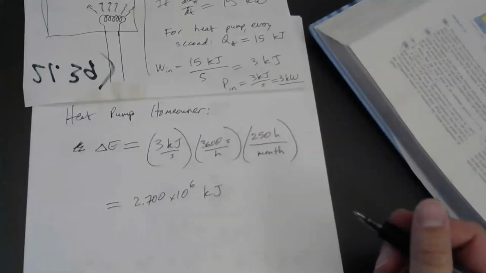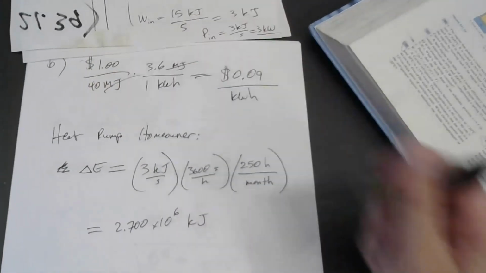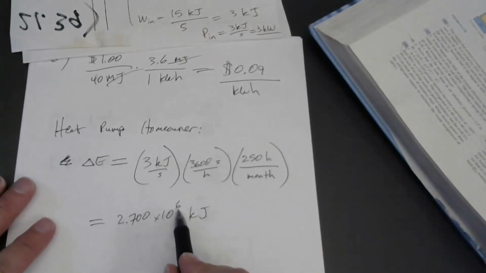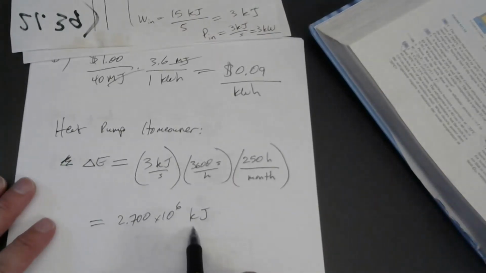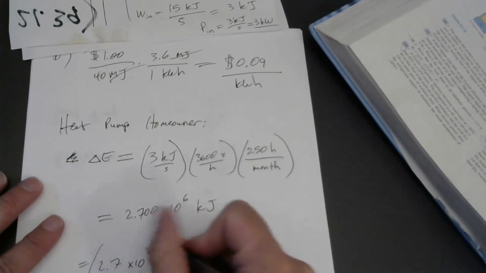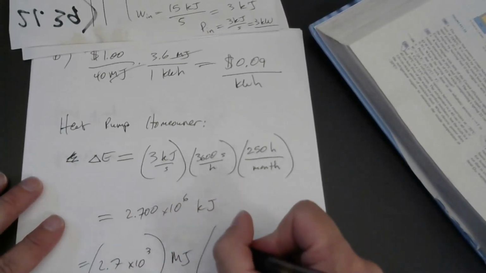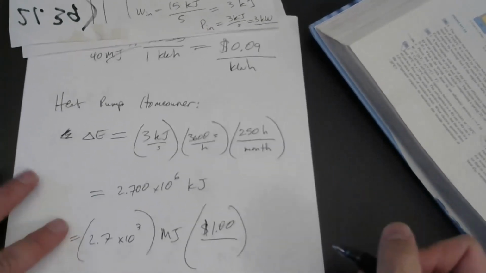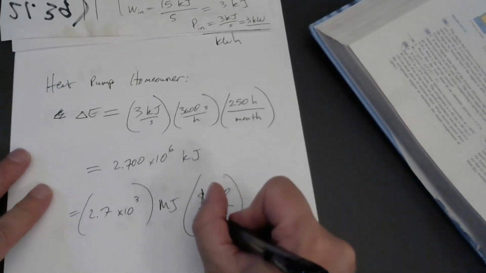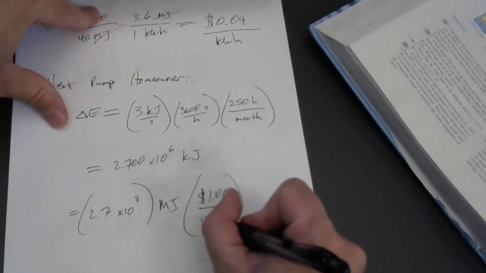I'd like to convert that into megajoules because that's the unit we're given. 1,000 kilojoules is a megajoule, so that would be 2.7 times 10 to the 3rd megajoules times $1 for every 40 megajoules.